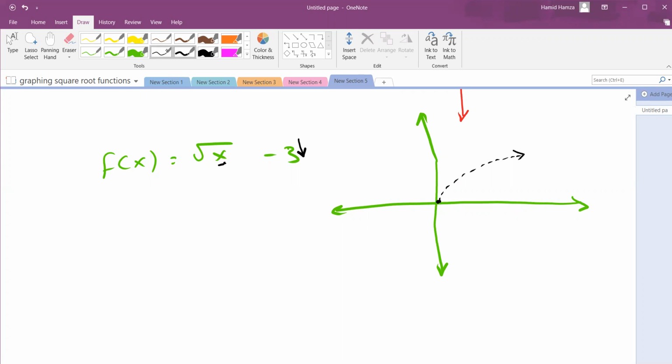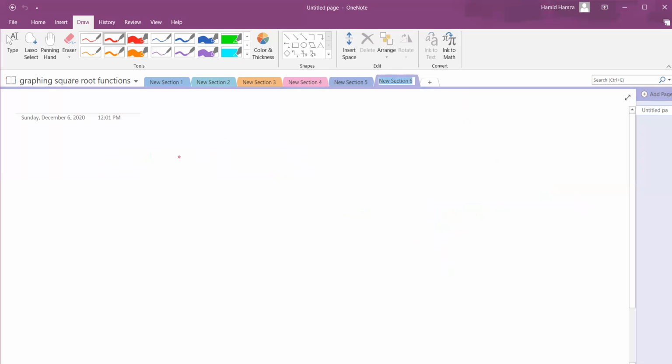But for the new function, if I wanted to graph it, the starting point will not be from here; it will start from negative 3. It will be like this. Okay, guys, they are the same, but the difference is the starting point. So I need you to master this one. The second translation is the negative. So root x, this is the parent function.